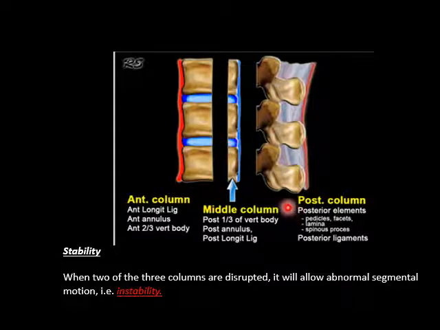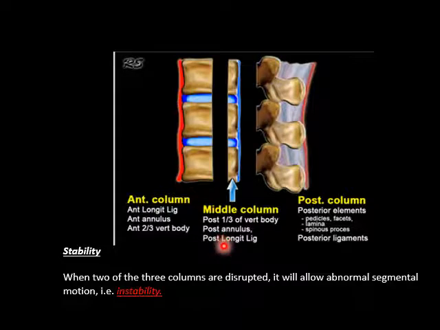The posterior column is composed of the posterior neural arch, which are the pedicle, facet, lamina, spinous process, and of course the posterior ligaments. Which are the posterior ligaments? The interspinous, supraspinous, ligamenta flava, and intertransverse.